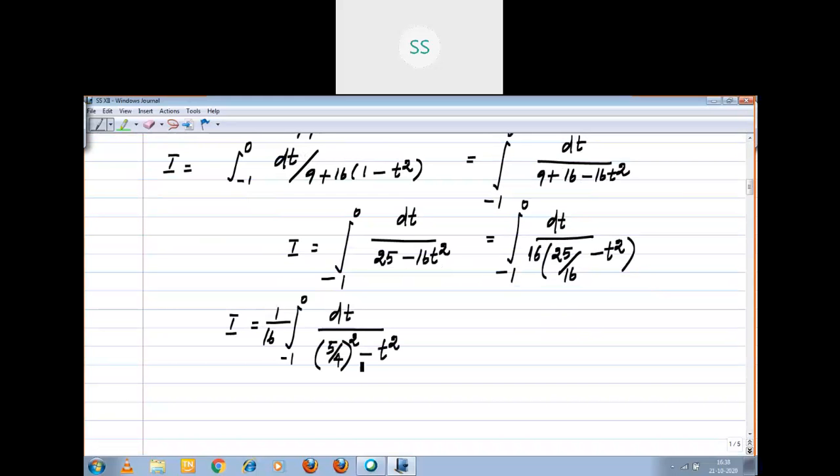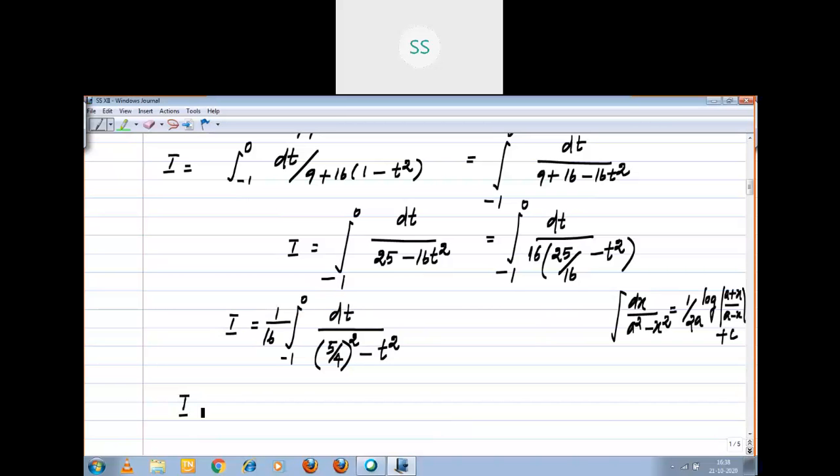Now it looks like your standard format. Integral dx divided by a square minus x square equals 1 by 2a into log modulus of (a plus x) divided by (a minus x) plus c.